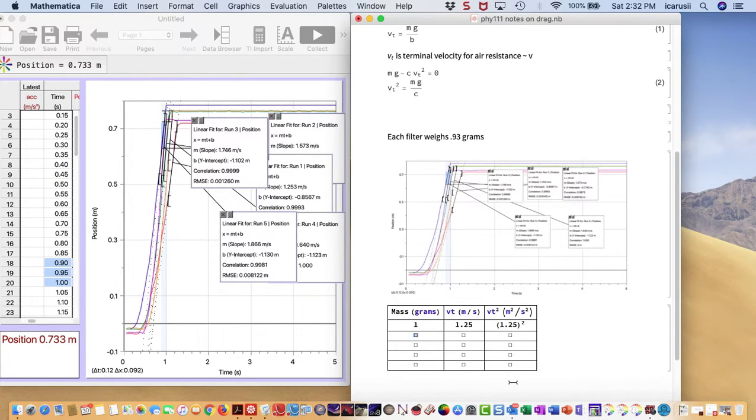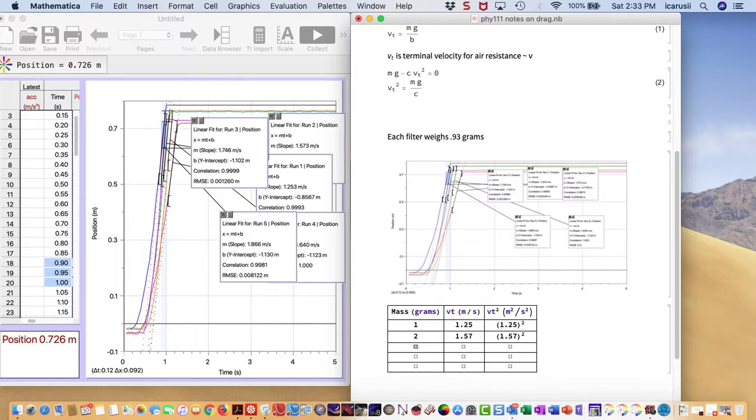The next one, 2. I don't know whether this is going to be proportional to the velocity or the velocity squared. So I'm going to have to model that. So this one is 1.57 here. Okay, I'm just going to enter this stuff in.